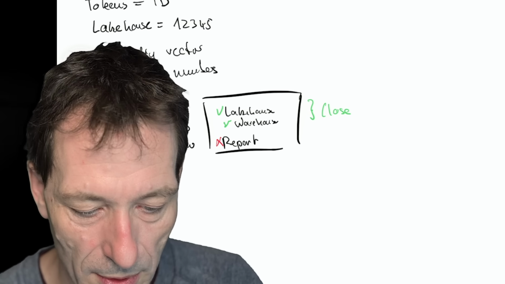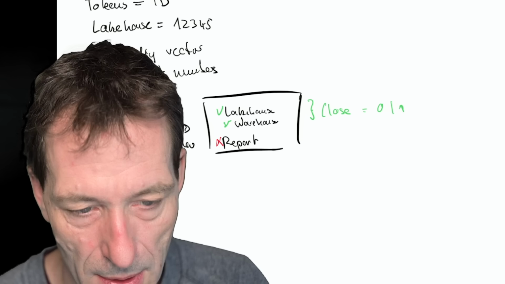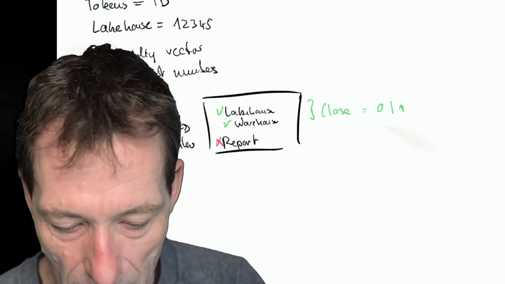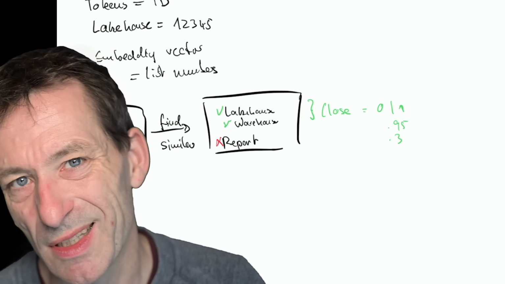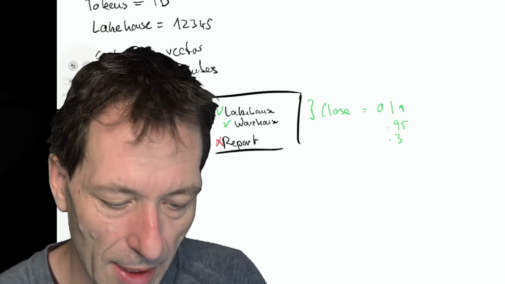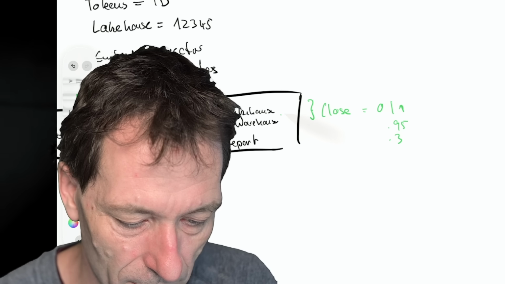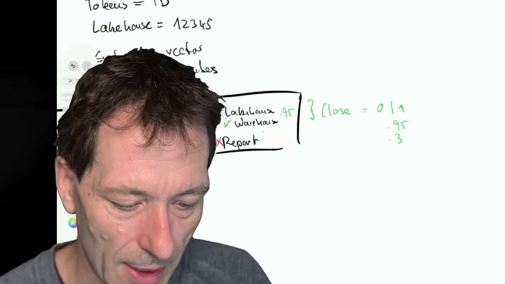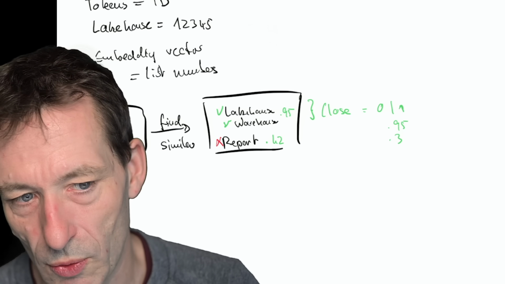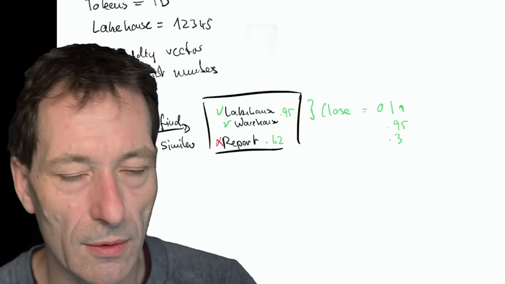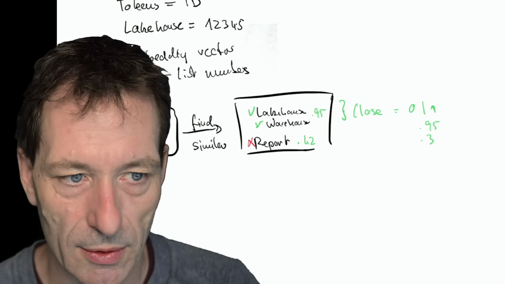It's a value between 0 and 1, which essentially means 0.95 is very similar, and 0.3 means it's barely related. So lakehouse and warehouse have a proximity of, for example, 0.95, and lakehouse and report have a proximity of 0.42. Not so good. So close is the cosine similarity.